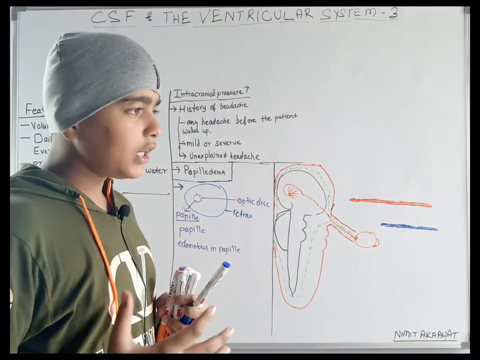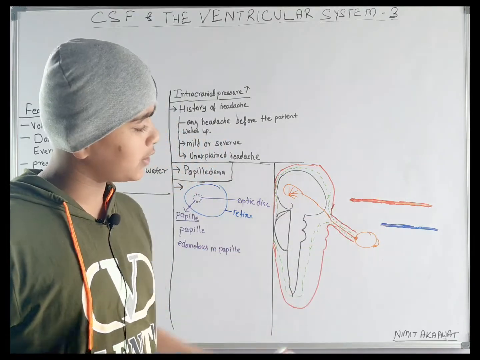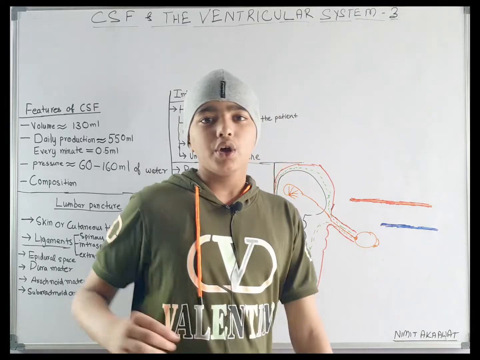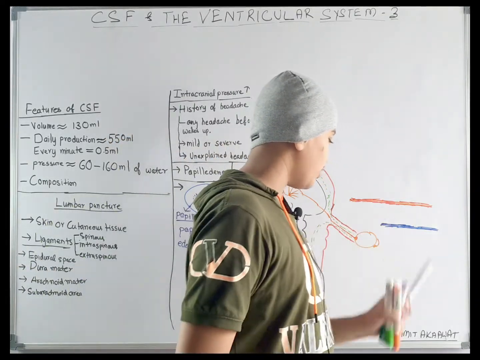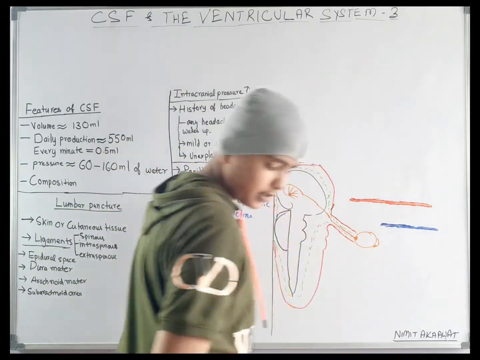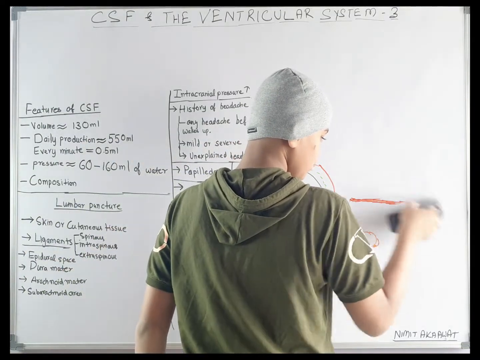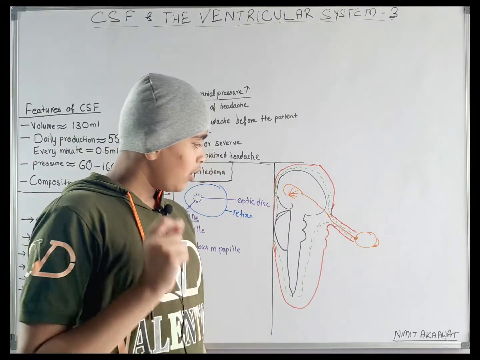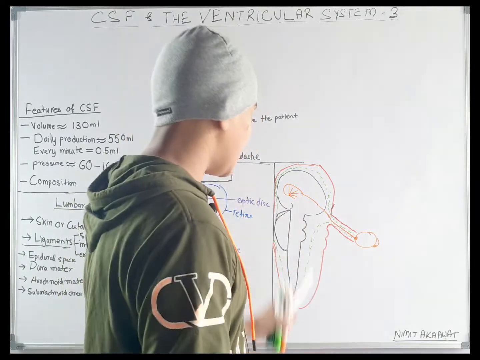And all the diseases related to oligodendrocytes will also harm the optic nerve, and all the diseases related to Schwann cells will harm only our peripheral nerves, not the optic nerve, because the optic nerve is myelinated by oligodendrocytes. So here are two major points why the optic nerve should be considered as a central tract, not a peripheral nerve.